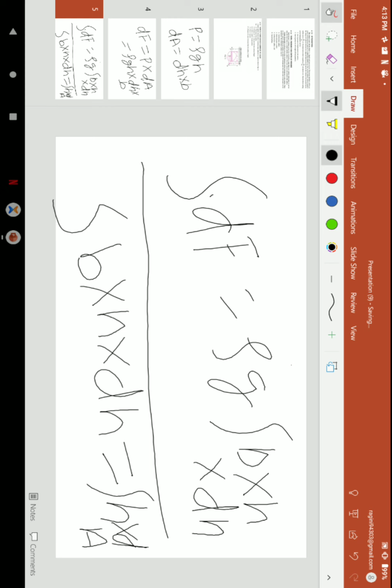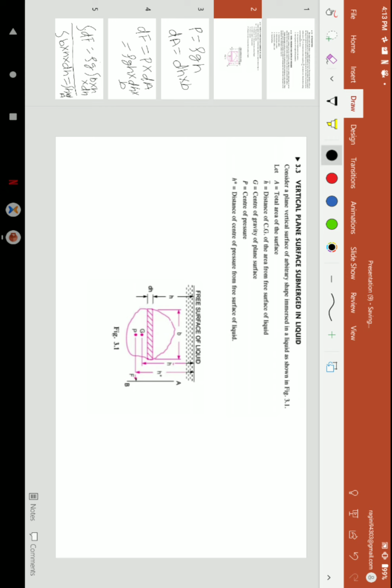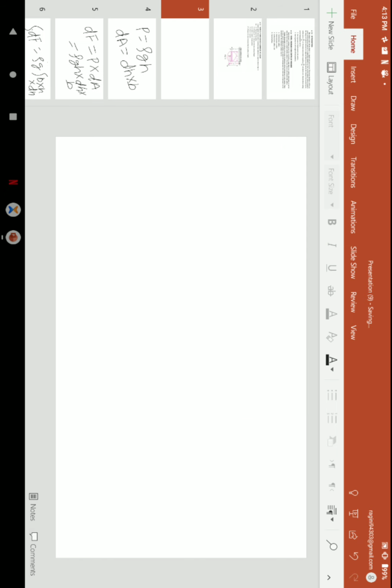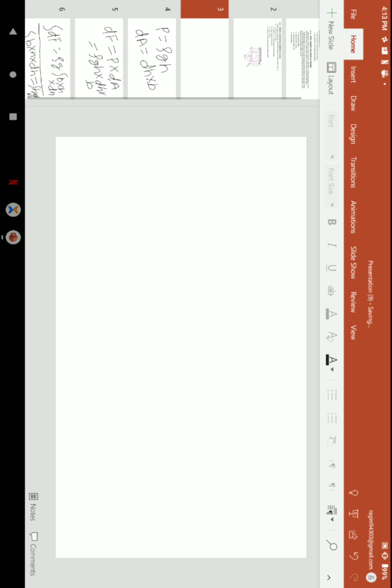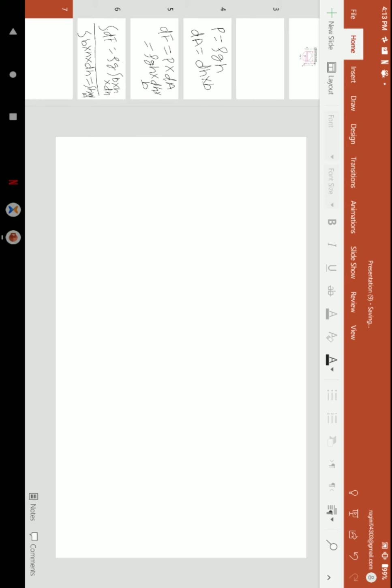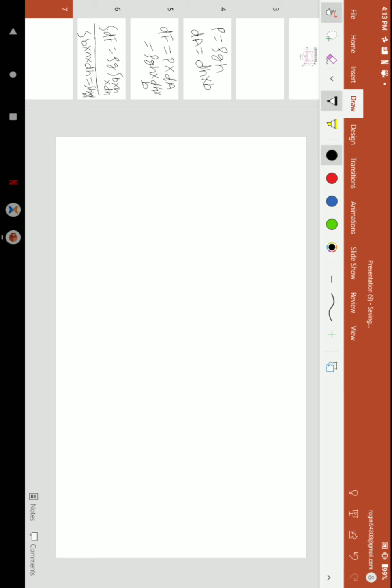What is h? h is the height of the elementary area from the free surface of the liquid.